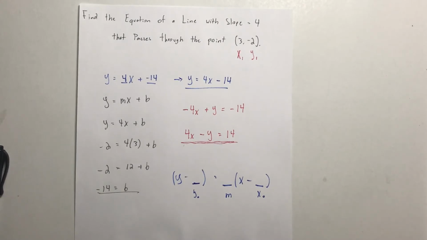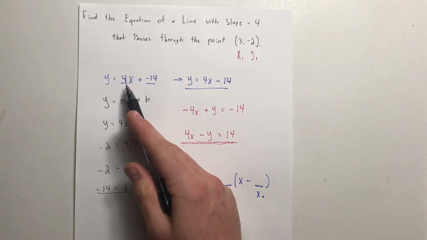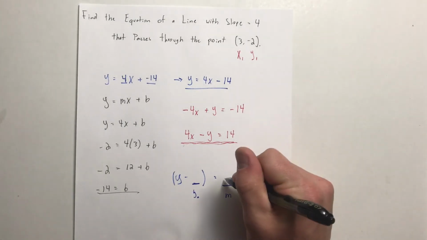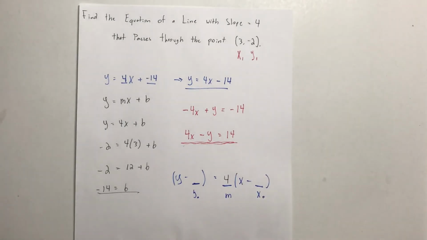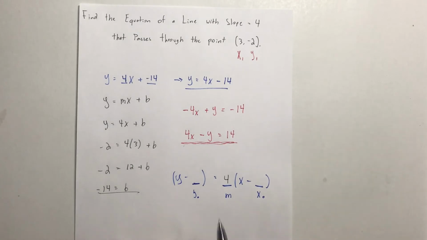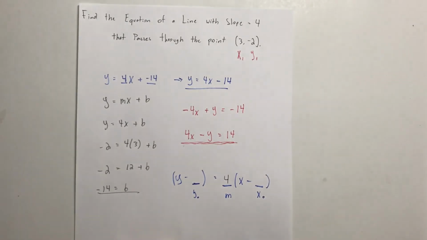So one thing that we know is that our m is our slope. And we found here that our m was 4. It's just given in the problem. So we already know our slope. We're going to plug in 4 for m right there. By the definition of point slope, this y naught, x naught is just going to be a point that lies on the line that we're trying to describe.